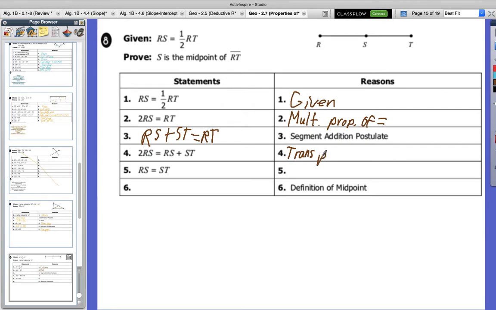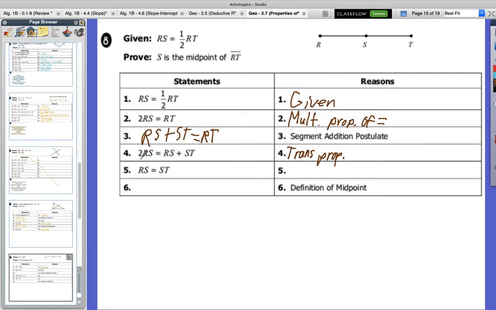Mr. Collins, can I also substitute? Yes, you can. Just make sure you put in parentheses what you're substituting. Oftentimes, transitive property and substitution property can be interchanged quite a bit. Not every time, but a lot of the time. Number 5, segment RS is congruent to segment ST. Segment RS has an equal measurement to segment ST. Well, how could I get there?